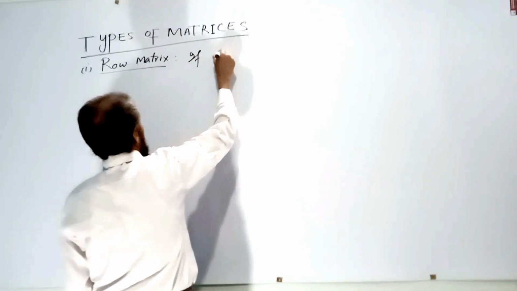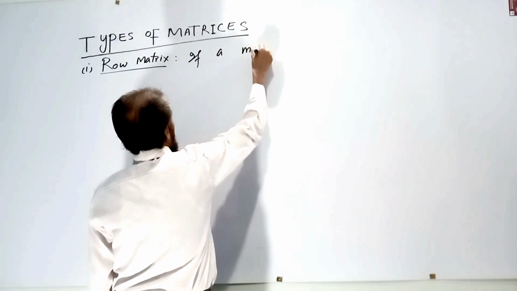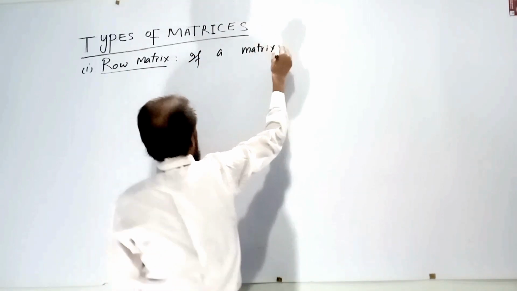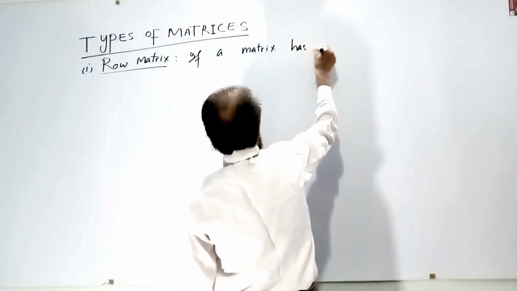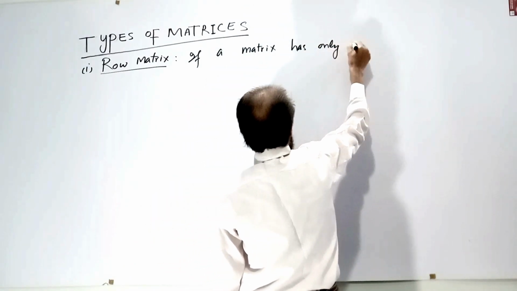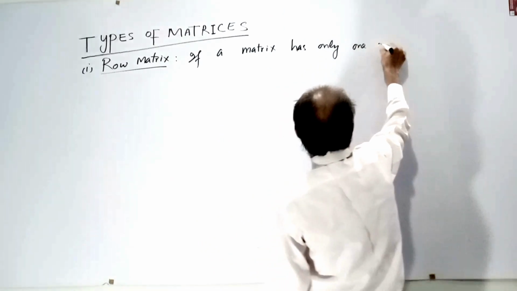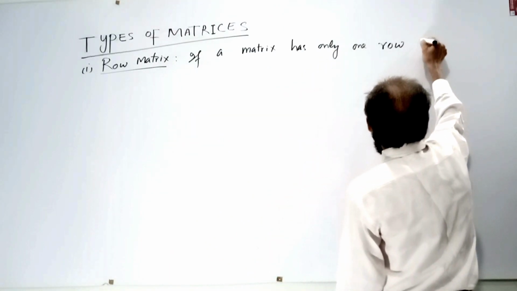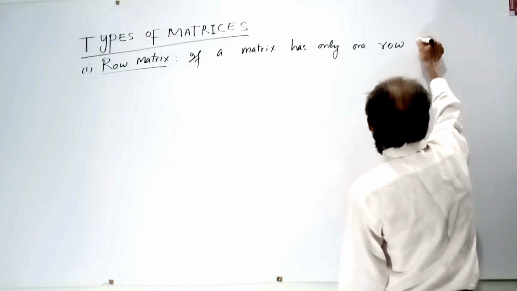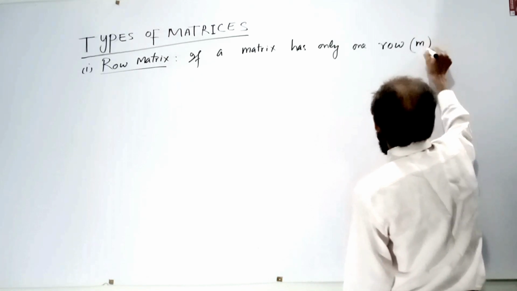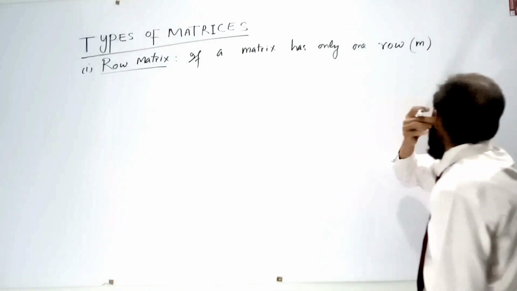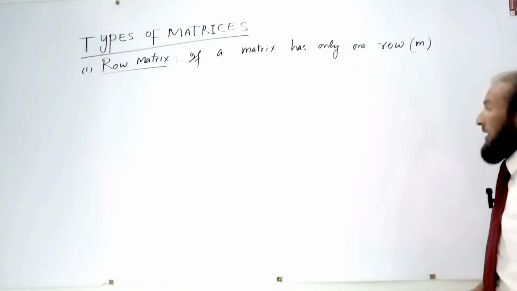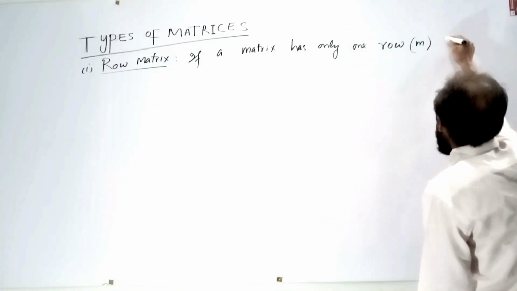If a matrix has only one row, for example, it has dimension m, denoted by rows, represented by m.